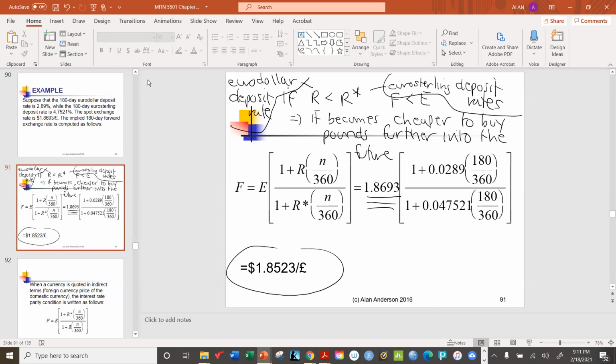Now, that raises an interesting question. What if this is not the forward exchange rate that we observe in the marketplace? I pick up the phone and call a dealer and say, listen, I want to buy pounds for delivery in 6 months. What rate will you quote me? And they give me a quote which is different than 1.8523. Why is this an arbitrage opportunity, and how do I take advantage of it?